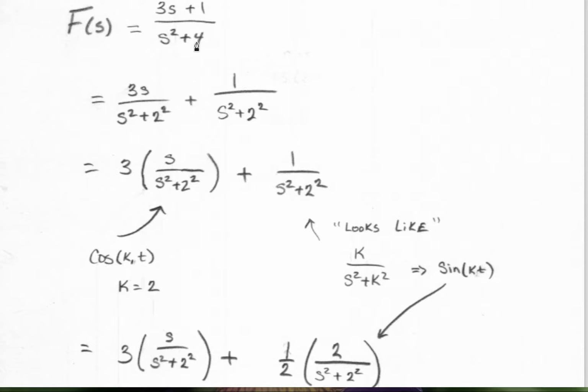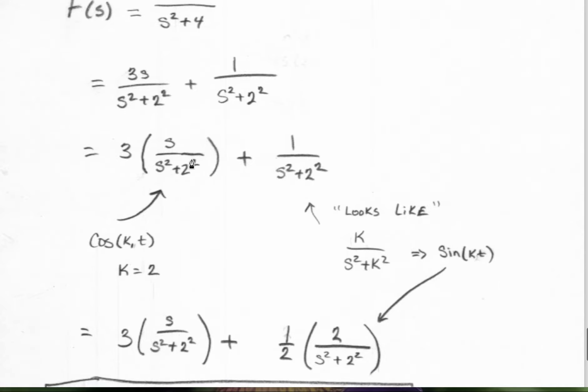And that's the other thing. When I see these numeric numbers here, I think, well, most of those on the chart have a k squared, right? So I convert that to a k squared. Then I took this 3 and wrote it out front, and I'm left with s over s squared plus 2 squared.